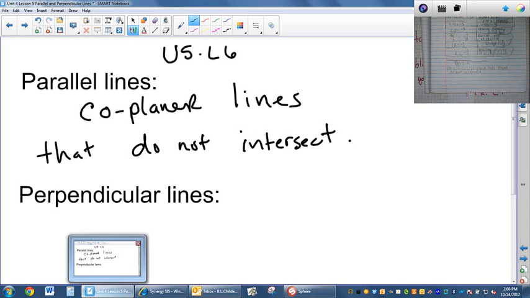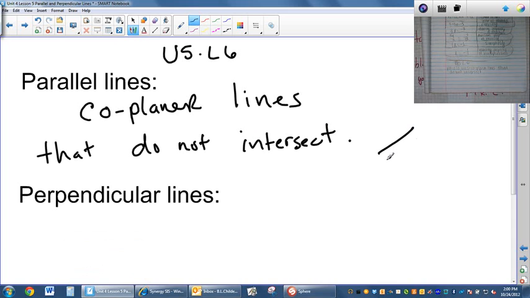Does anyone know what the symbol we use for parallel lines looks like? Yeah, it's like two diagonal lines like that. Why diagonal?